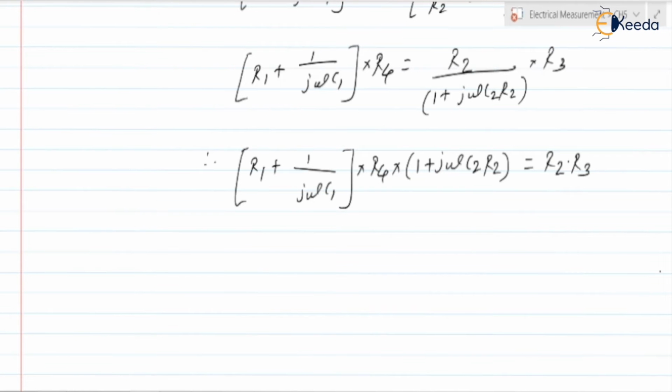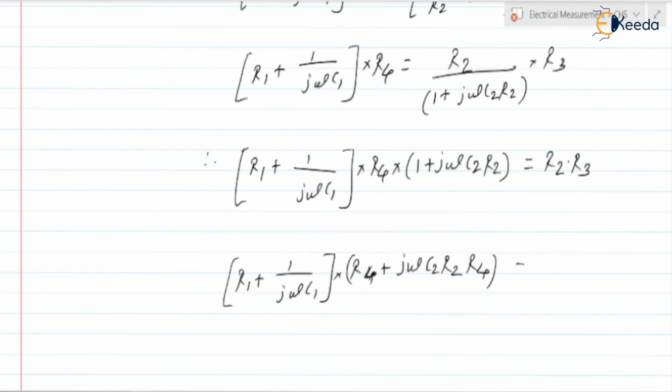Next, taking the multiplication, it is (R1 plus 1 upon j omega C1) into R4 plus j omega C2 R2 R4 is equal to R2 into R3.